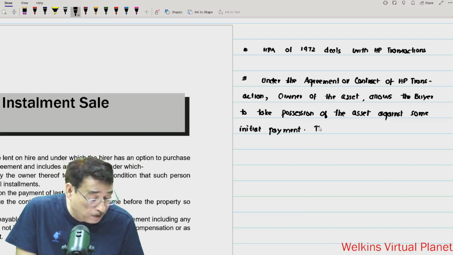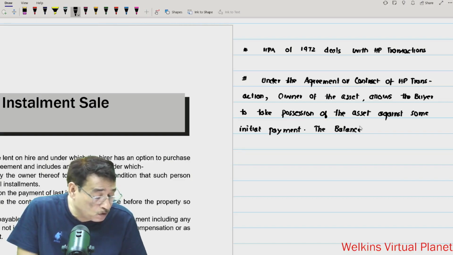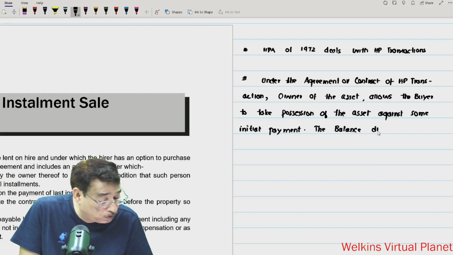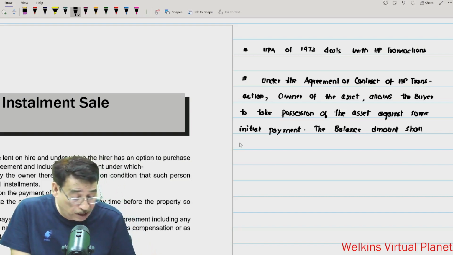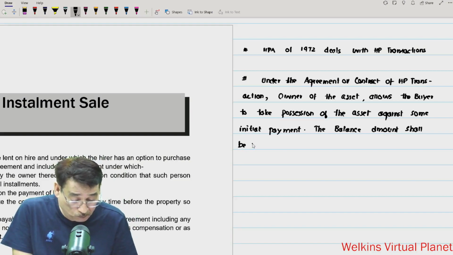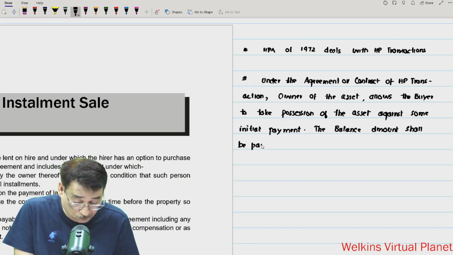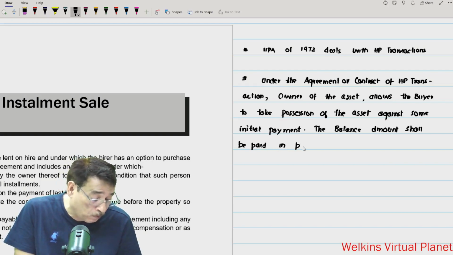The balance amount shall be paid in periodic installments.